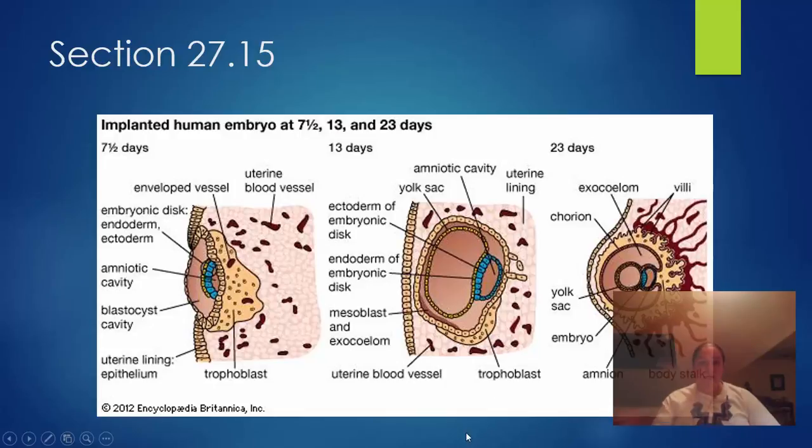The job of the placenta is to interact between the developing embryo and the mother's body. There isn't a direct connection between the developing embryo and the mother's blood system, but the placenta is able to receive nutrients, hormones, and care from the mother's body through her blood and then deliver it to the embryo.